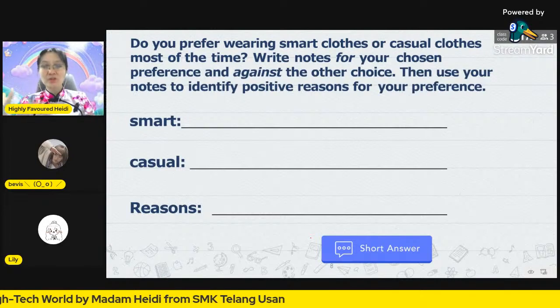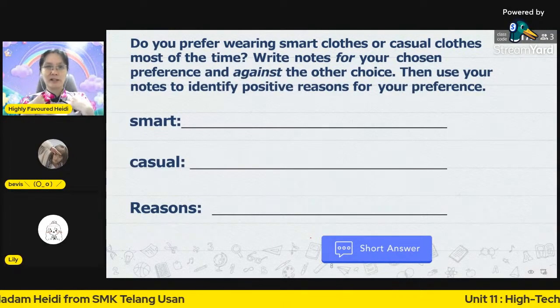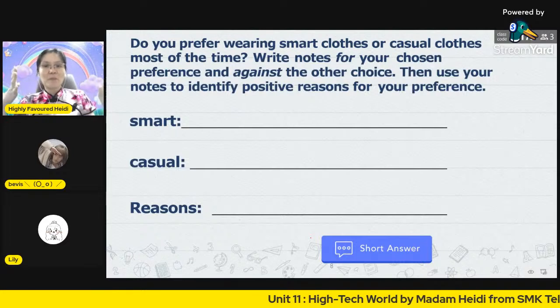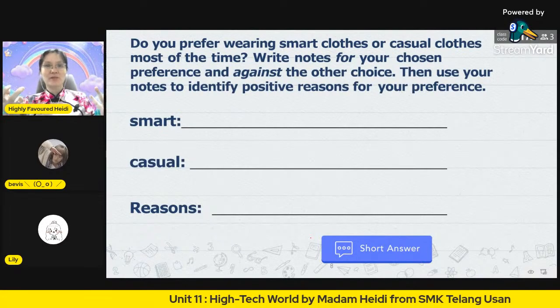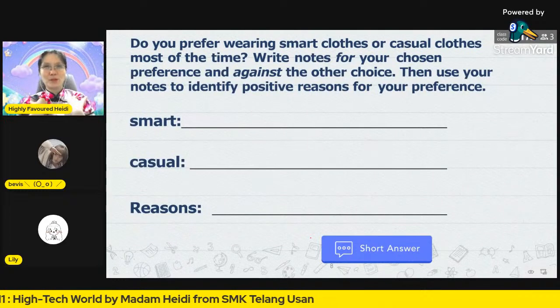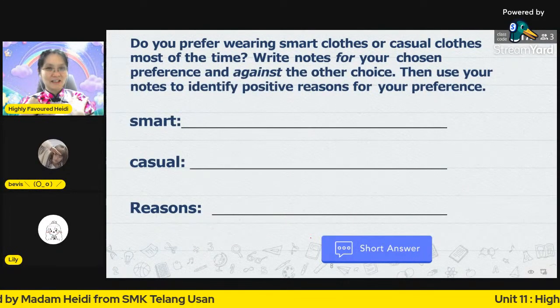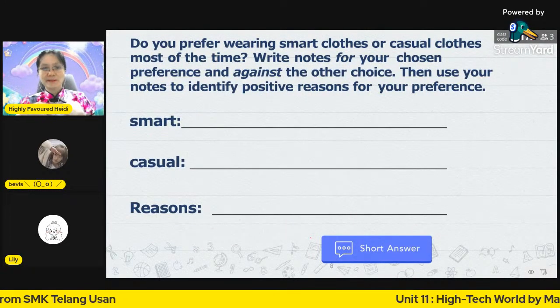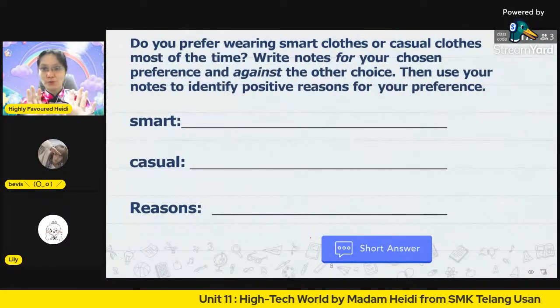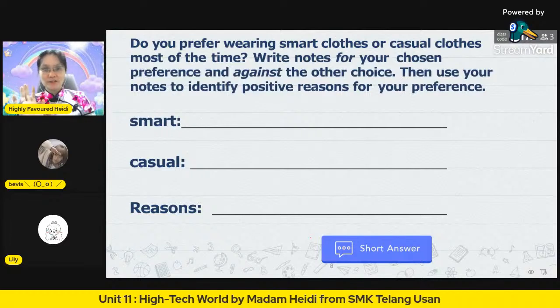But smart clothes are like what teacher is wearing right now. You have to iron the clothes. Some students, if you are a prefect, definitely have to wear your coat as well.